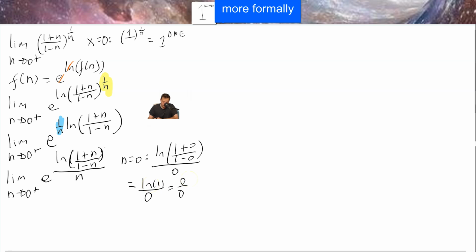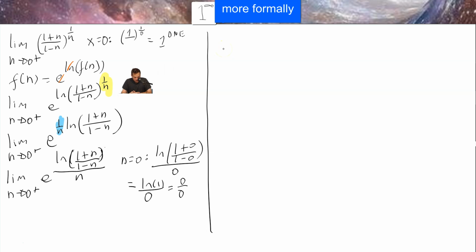So this ends up being 0 over 0, some kind of undefined quantity. So that tells us we have to hit this exponent with L'Hopital. I'm going to separate my work so everything stays clean, hopefully. Also, because we are dealing with the e function, we can slip the limit into the exponent, and it's equivalent to what we have here on the last line.